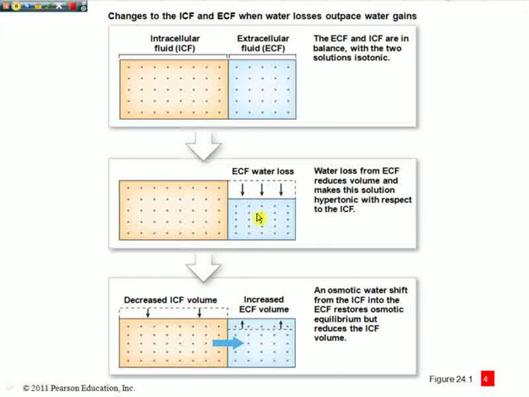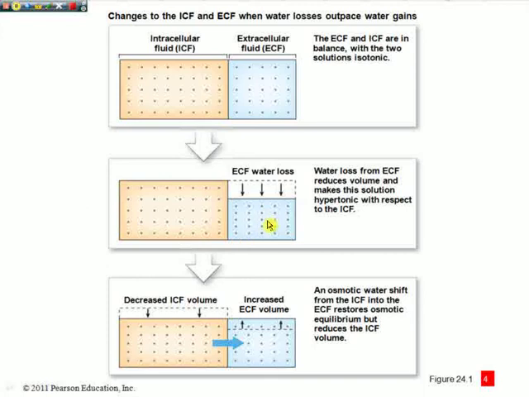In the second square you have an ECF water loss that reduces the volume and makes this solution hypertonic. Same amount of solutes. If you were to count each one of these dots, which represents a solute, that's the same here as it is here, only you have less volume here, so it's more concentrated.